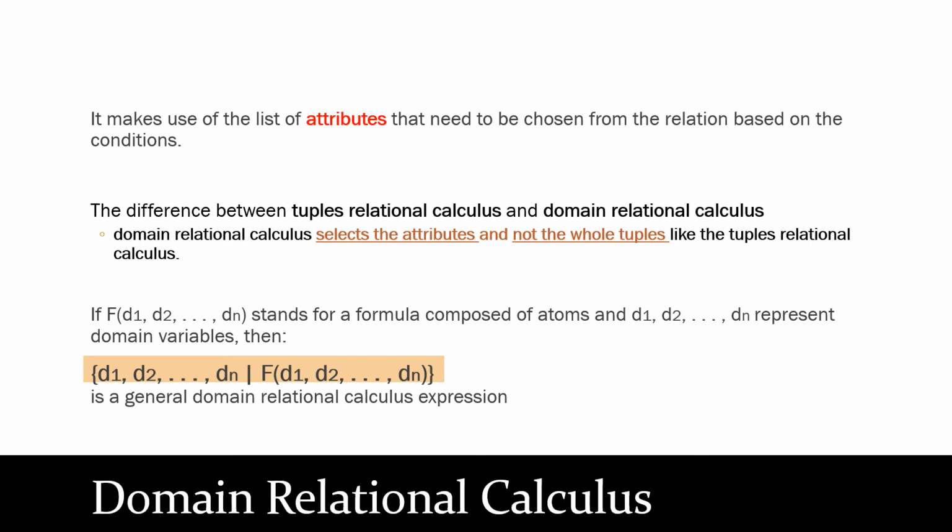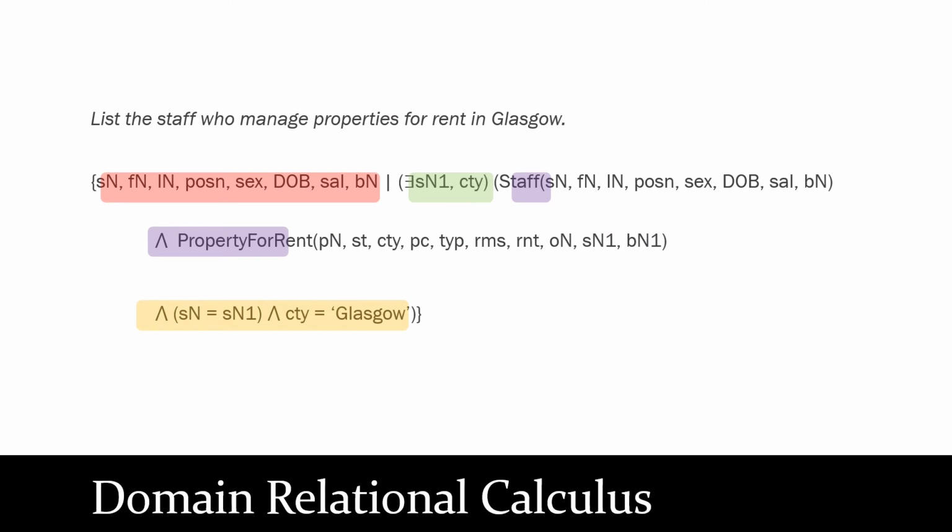So, for example, if f of d1, d2 until dn stands for a formula composed of terms, and d1, d2 until dn represent domain variables, then d1, d2 until dn, given that f of d1, d2 until dn, is a general domain relational calculus expression.